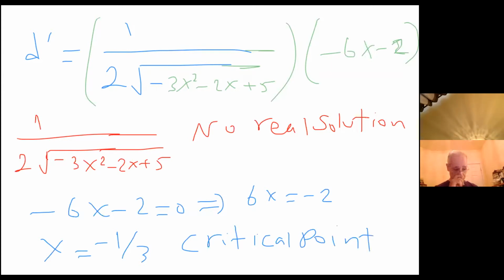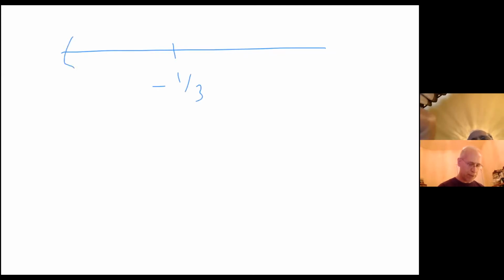Now I'm going to test numbers to the left and to the right of it. If here is my negative 1/3, I only go as far as negative 1 to the left and positive 1 to the right, because those are the boundaries of my ellipse. If I test values between negative 1 and negative 1/3, I get positive values.